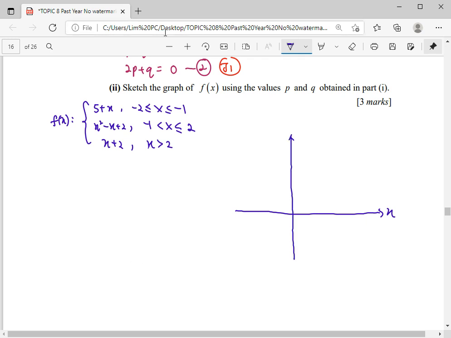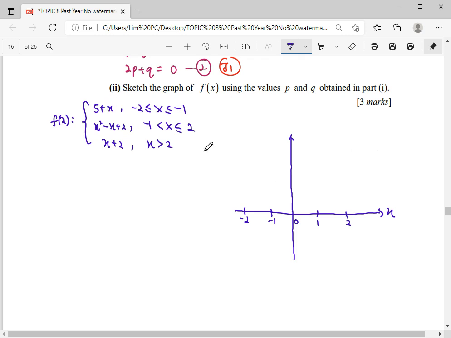Our graph starts with -2, so we plot -2, -1, and then 0, 1, 2. You have to understand this part from -2 to -1 is one graph, -1 until 2 is one graph in the middle, and 2 onwards is another graph.